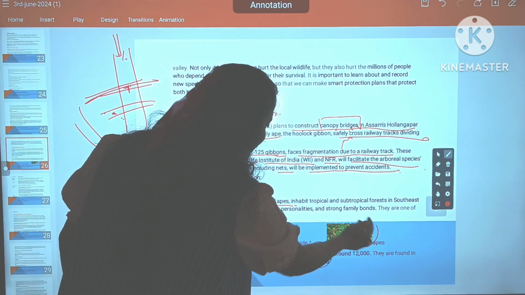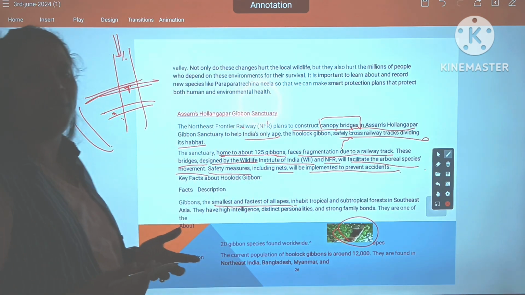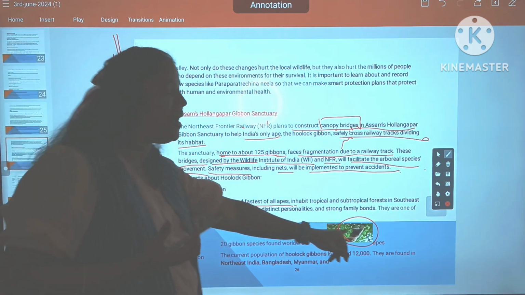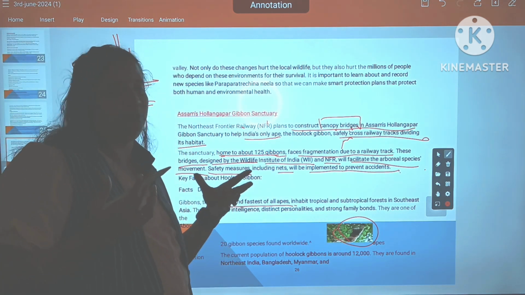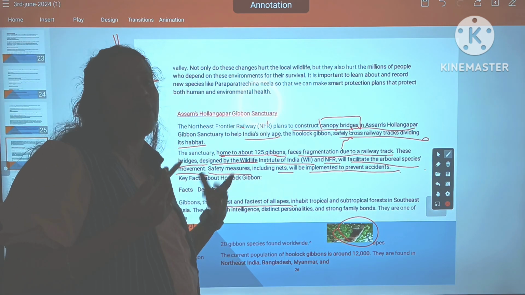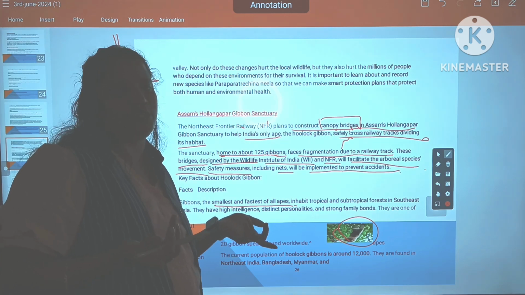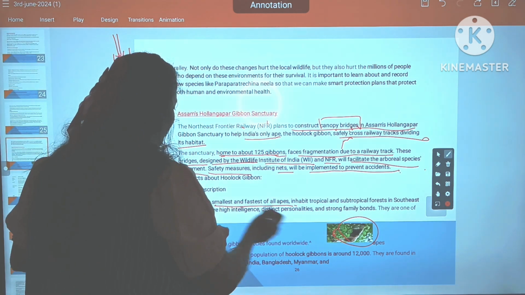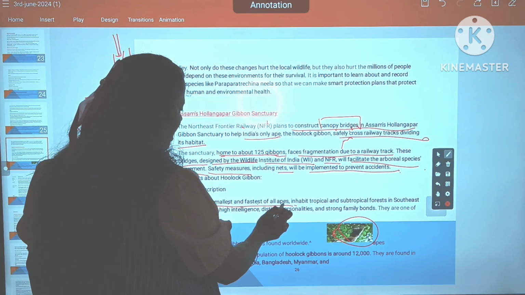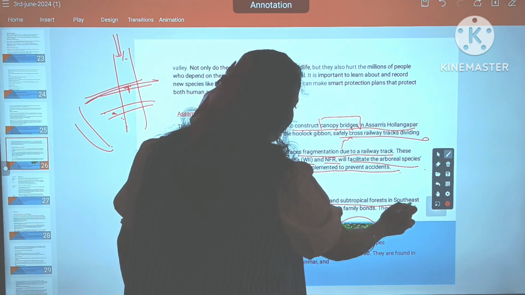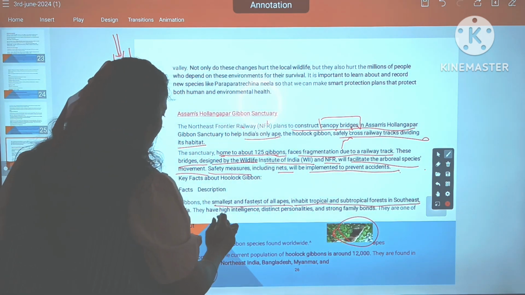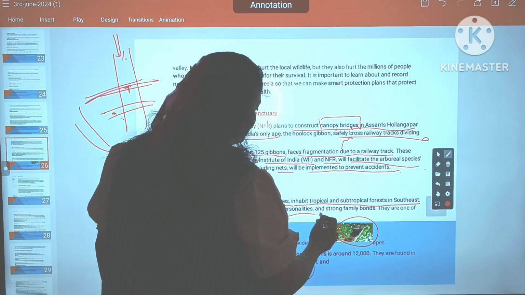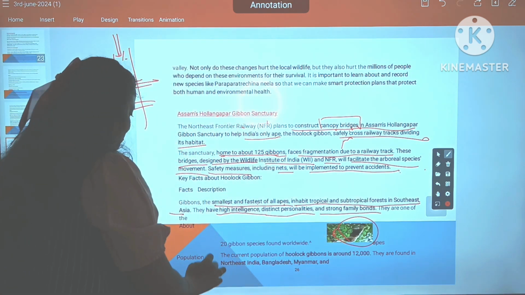You can see a gibbon is one type of monkey only. You can see in this picture how the gibbon is the smallest and fastest of all apes, inhabiting tropical and subtropical forests in Southeast Asia. They have high intelligence, distinct personality, and strong family bonds.